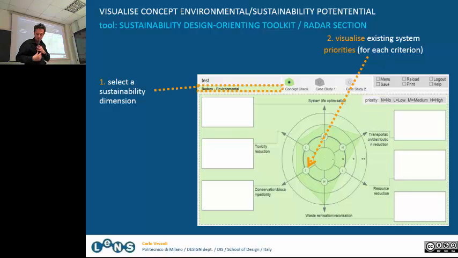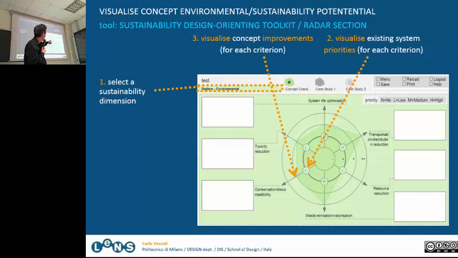Then you can look at the other one, at the improvement. The improvement is on the middle external circle, which is plus, so incremental improvement. That means that for a low priority, you have an incremental improvement.